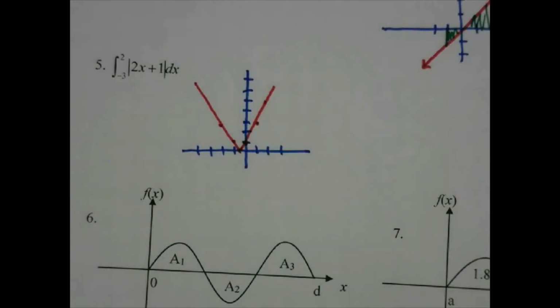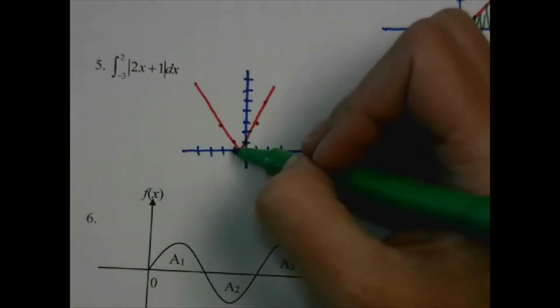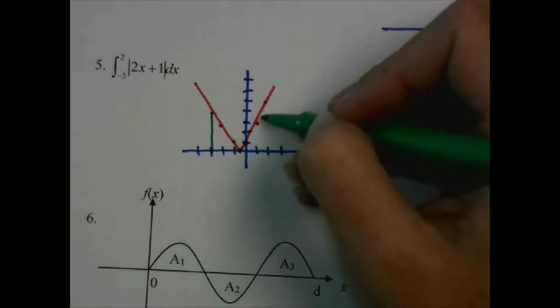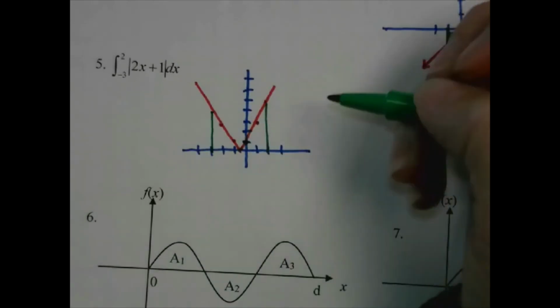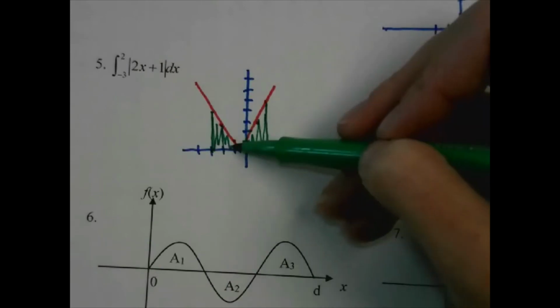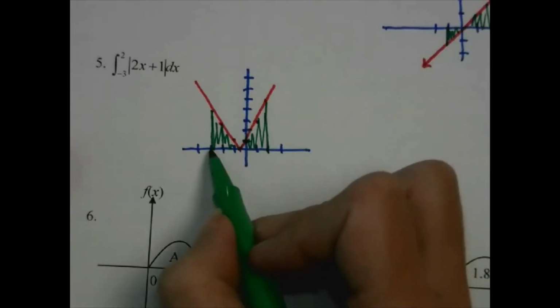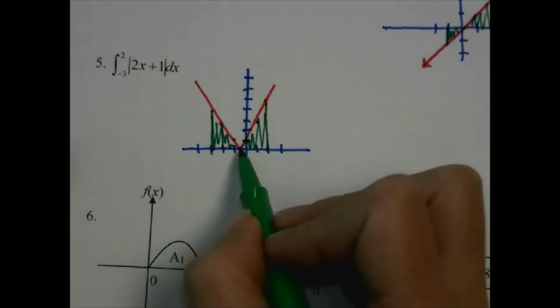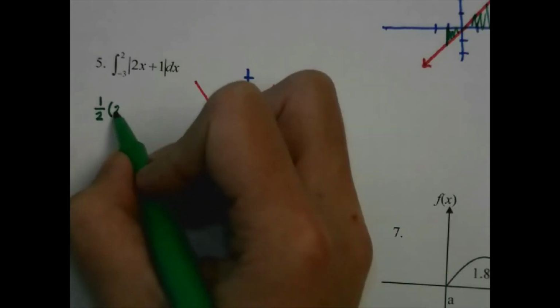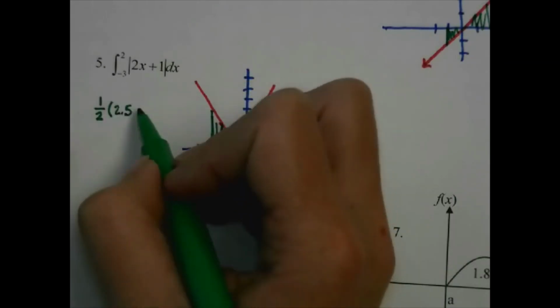So I want the integral from -3, so there's -1, -2, from -3 to +2. So that's going to be two different triangles. The width of the triangles is going to be 2.5, so 1/2 times 2.5.